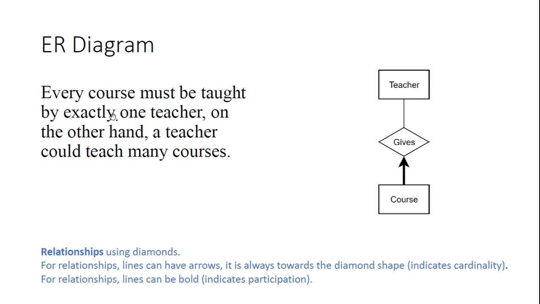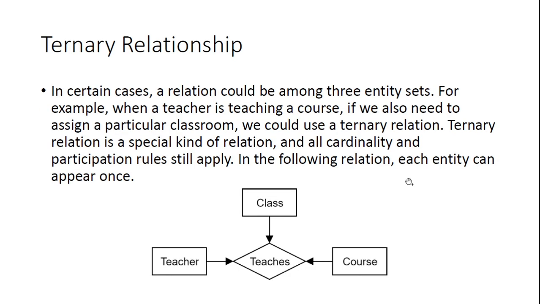Again, in this case, courses are kind of similar to the dogs. We have the arrow on the courses side. For a course, there's going to be only one teacher, but one teacher could give many courses. But every course, if there is a course, it must be taught by some teacher. Because of that, we have the bold line.